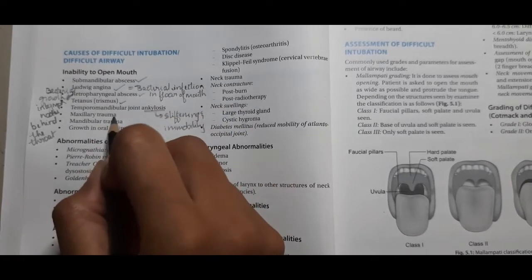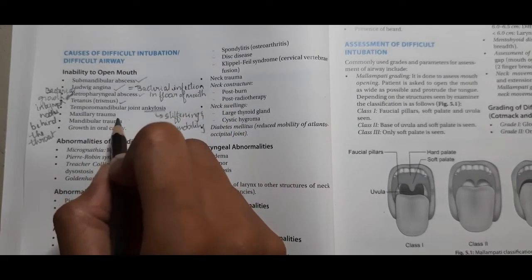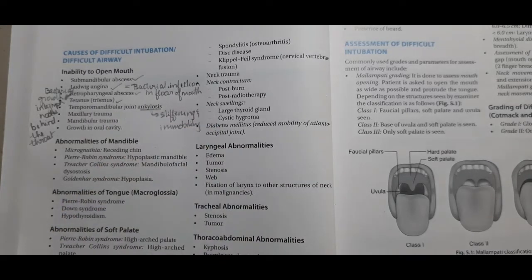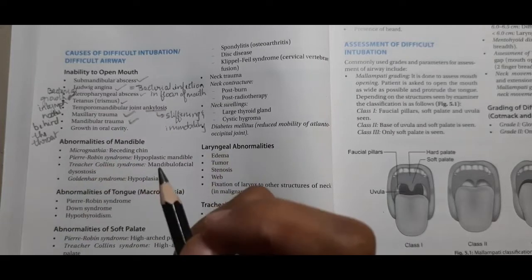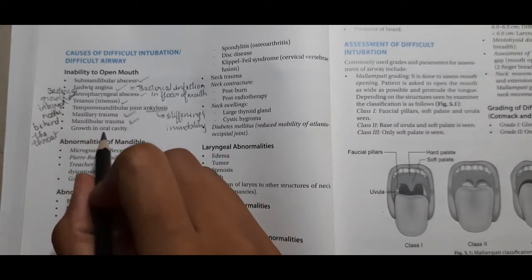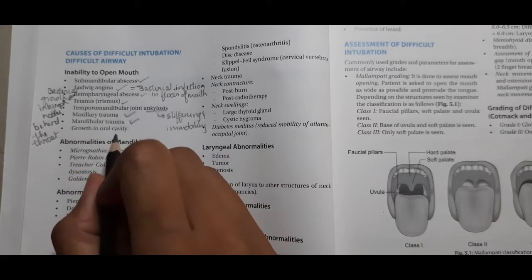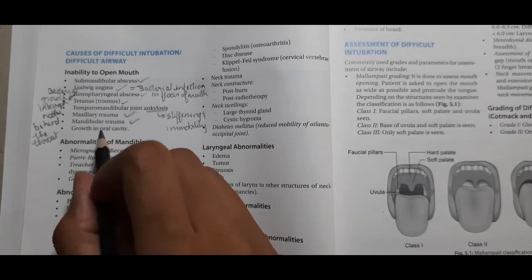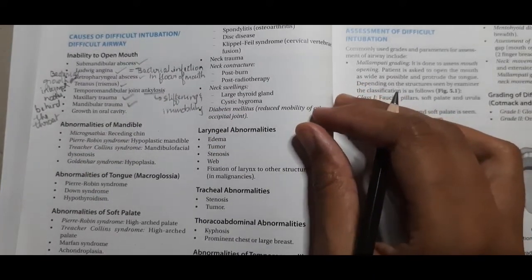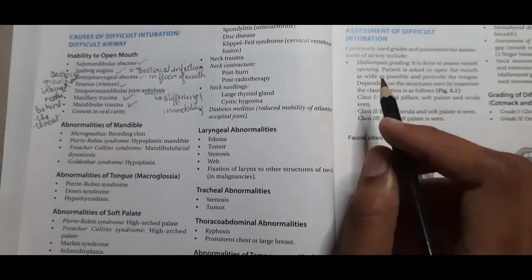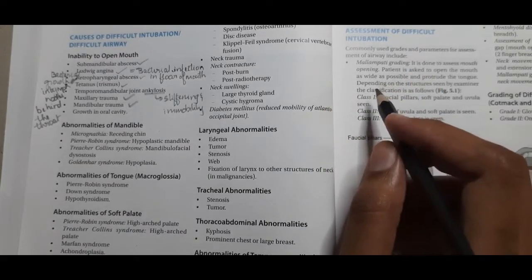Moving to the next one, which is maxillary trauma. There is trauma in the maxilla, and there's one more, mandibular trauma, that might happen in the mandible. Then there is growth in the oral cavity, when there is any abnormal growth or a tumor formation. These might be the reasons for inability to open the mouth.